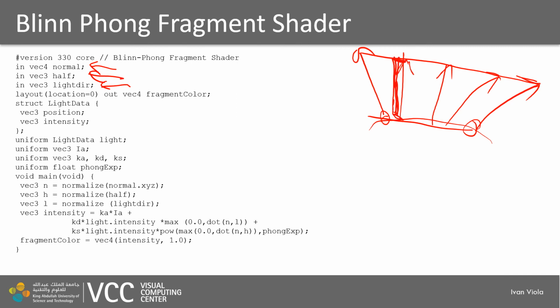They will be a little bit shorter because I performed component-wise linear interpolation during the rasterization. So I will need to make unit vectors out of these again in the fragment shader.